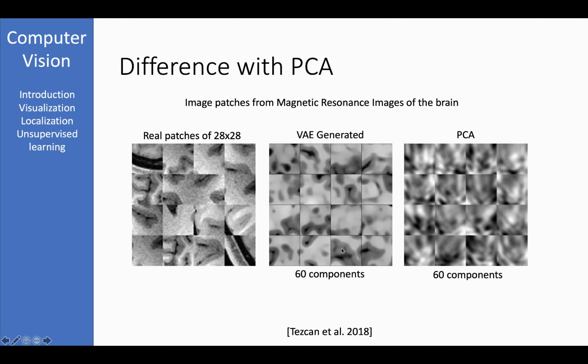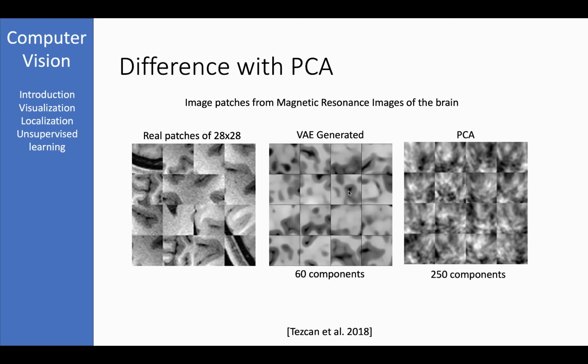And in the middle, you have samples that are created by a variational autoencoder, by this nonlinear mapping. They both use 60 components, meaning that the latent space has 60 dimensions. You can see that these samples from the VAE look very realistic compared to the PCA samples.